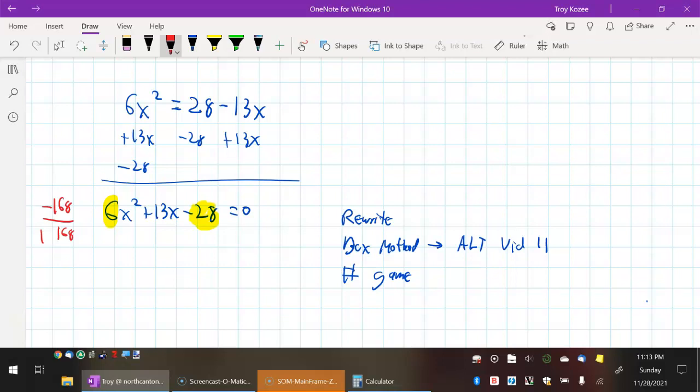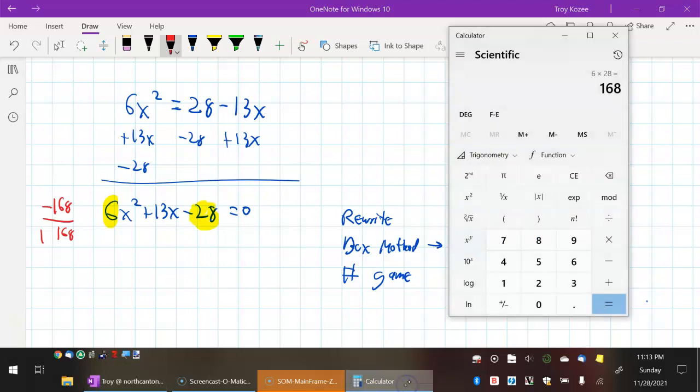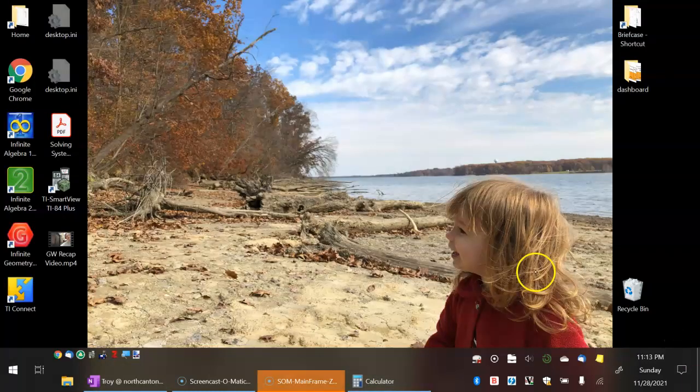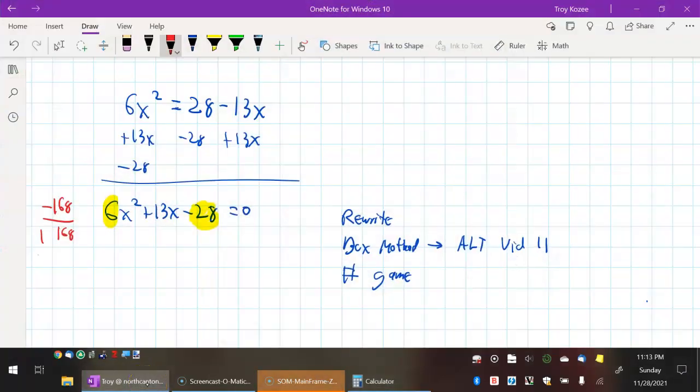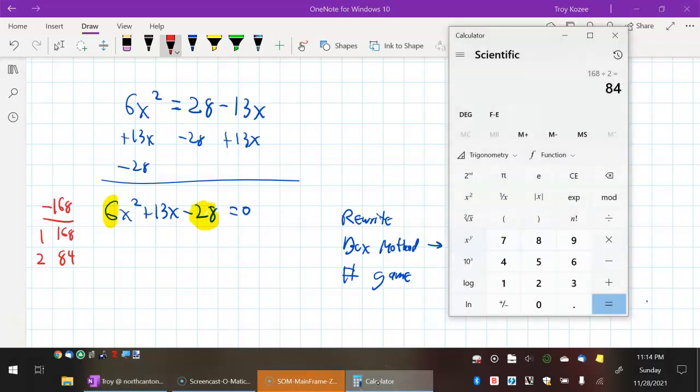Okay, 1 and 168, absolutely not. Now, if I divide 168 by 2, I get 84, and that is still too far. Now 168 is actually divisible by 3.